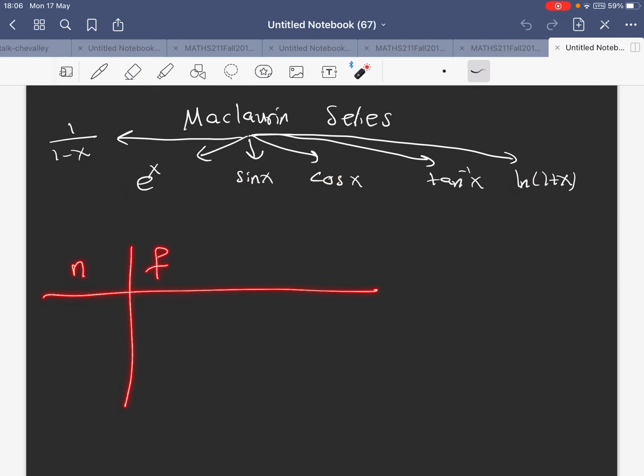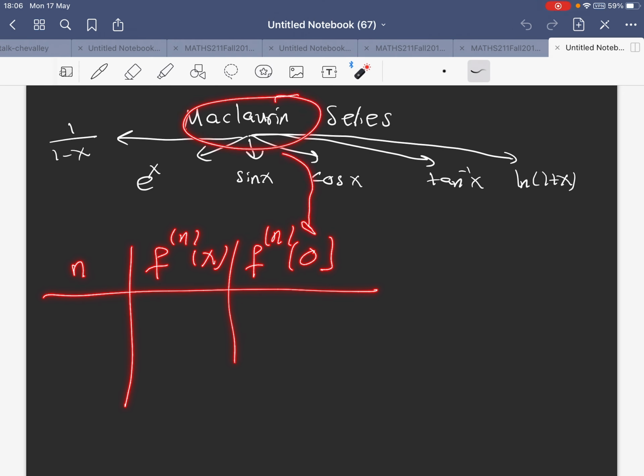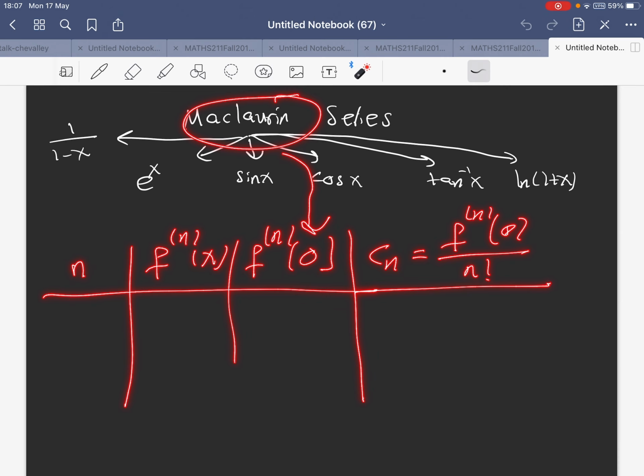Then we find the derivative, and then we substitute the derivative at 0. You are wondering why 0? Because it is a Maclaurin series. Then we find Cn, which is the derivative at 0 over n factorial, and that will be the coefficient in the power series.